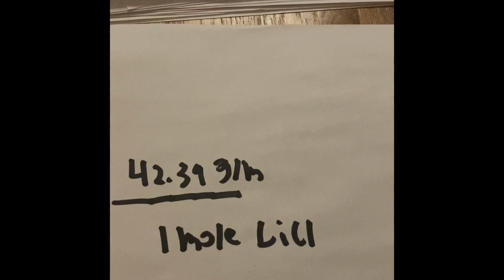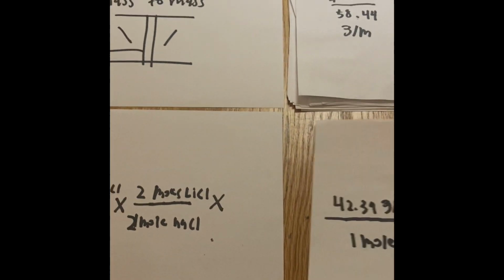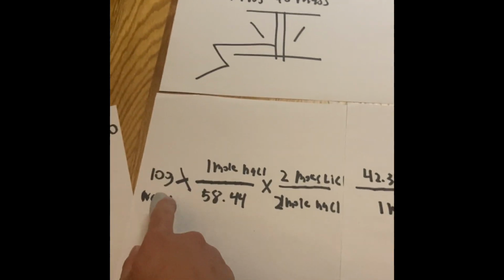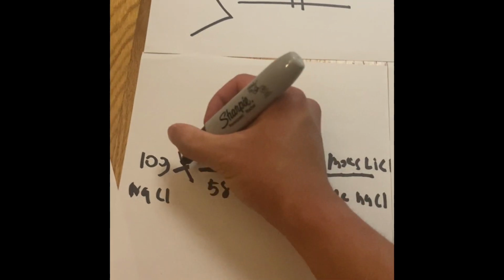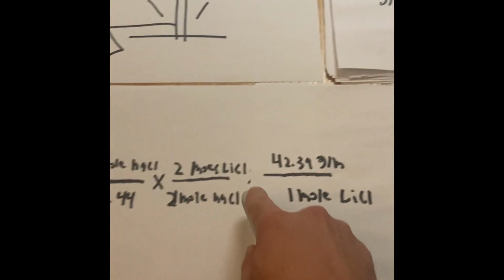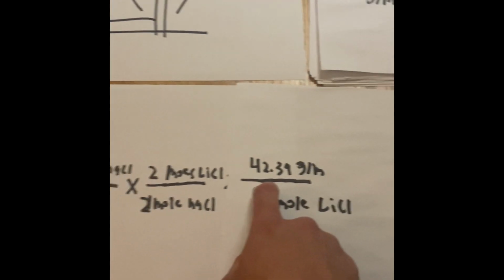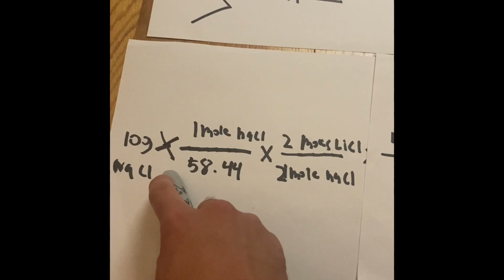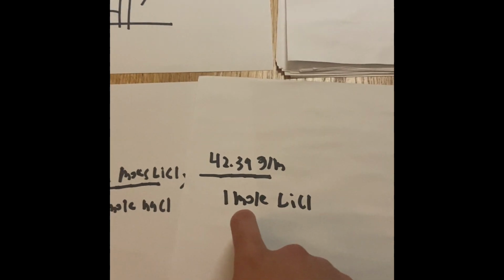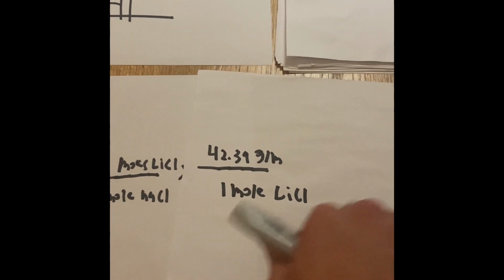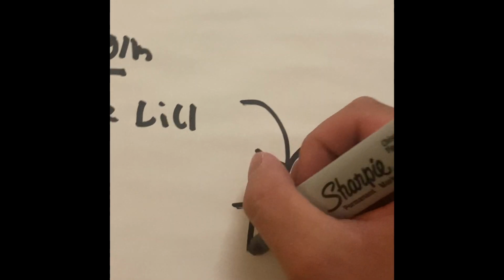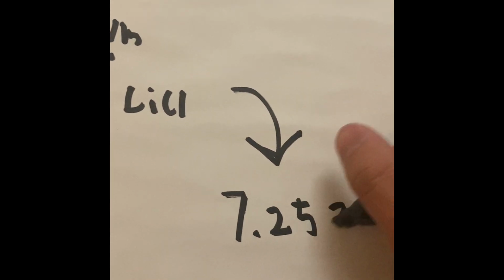So here is the math part. When you calculate 10 times 1 times 2 times 42.39, divide that by 58.44, divide by 2 moles, and divide by 1 mole of LiCl, lithium chloride is going to have a mass of 7.25 grams.